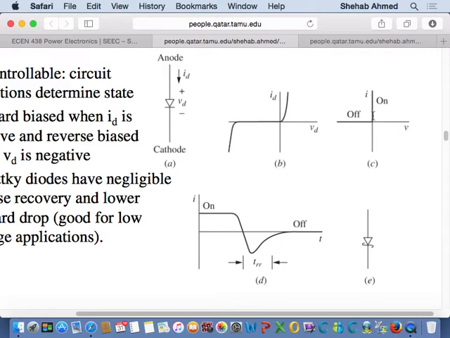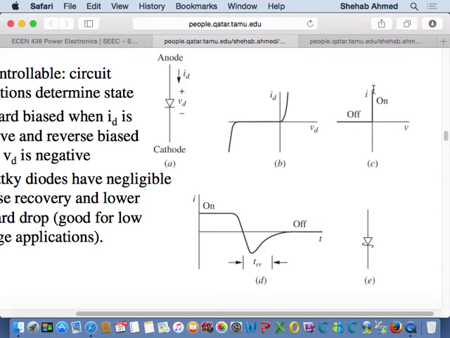This was the y-axis, so it's on here, and there's zero voltage across it. Almost, it's a small voltage, right? So there is zero voltage across. And then when the diode is off, or when VD is negative, the diode is off. So this is the ideal characteristic of the diode, right?